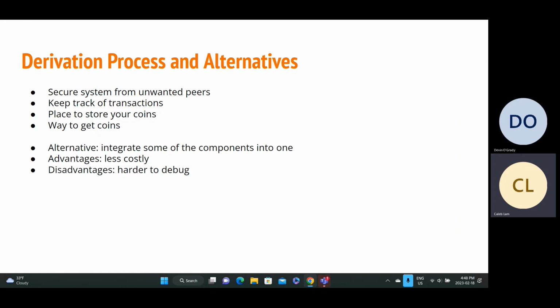An alternative could be integrating some of the components into one, which simplifies the system a little bit. The advantage is that it's less costly to maintain and make all the components. But a disadvantage would be it's harder to debug because there are a lot of dependencies and we don't know which aspect of the problem causes this problem.